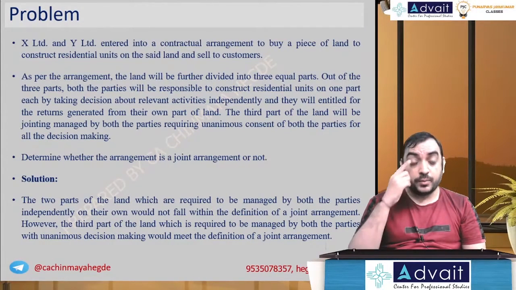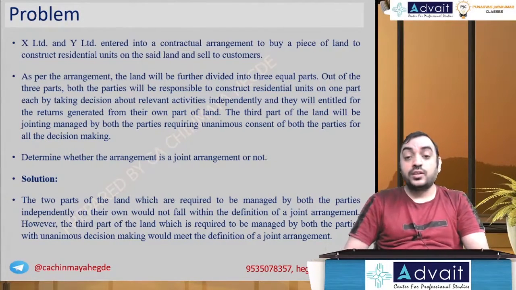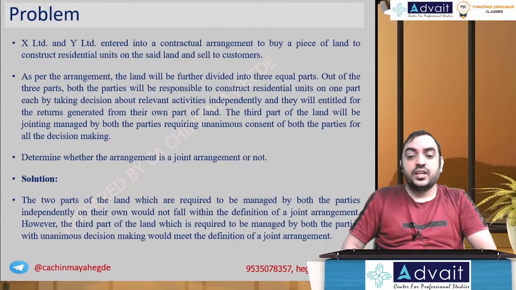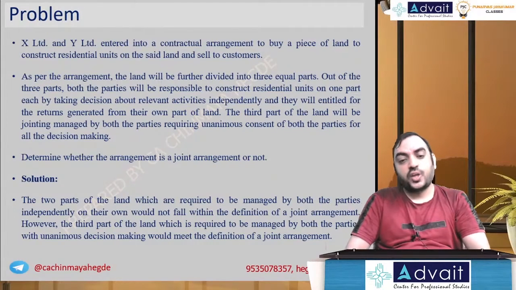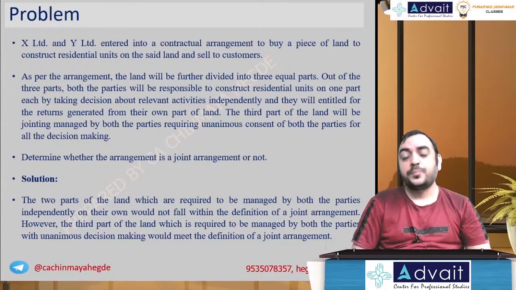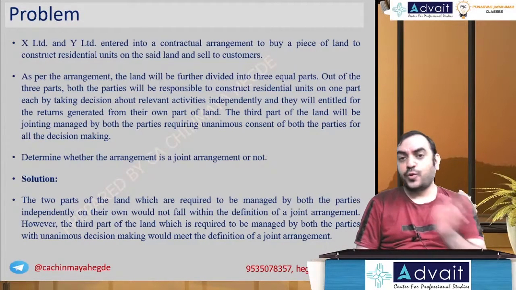The third part of the land will be jointly managed by both the parties, requiring unanimous consent of both the parties for decision making. Determine whether the arrangement is a joint arrangement or not. Okay, this is a combination problem. We have to answer accordingly.